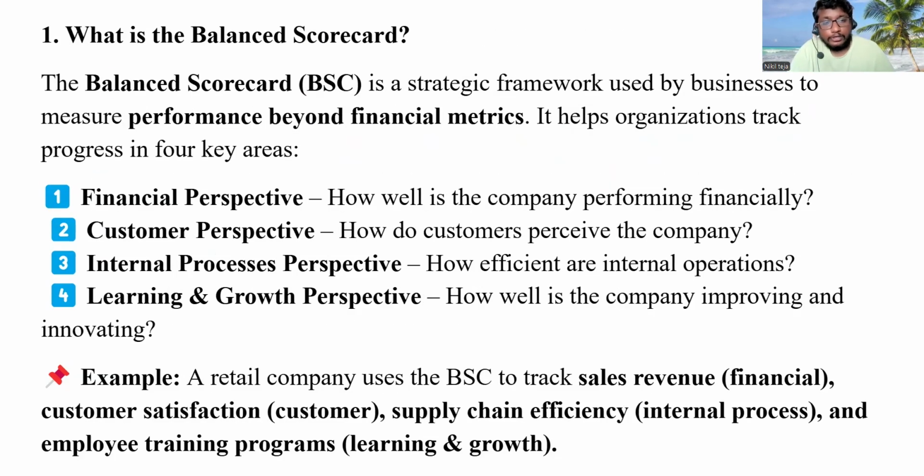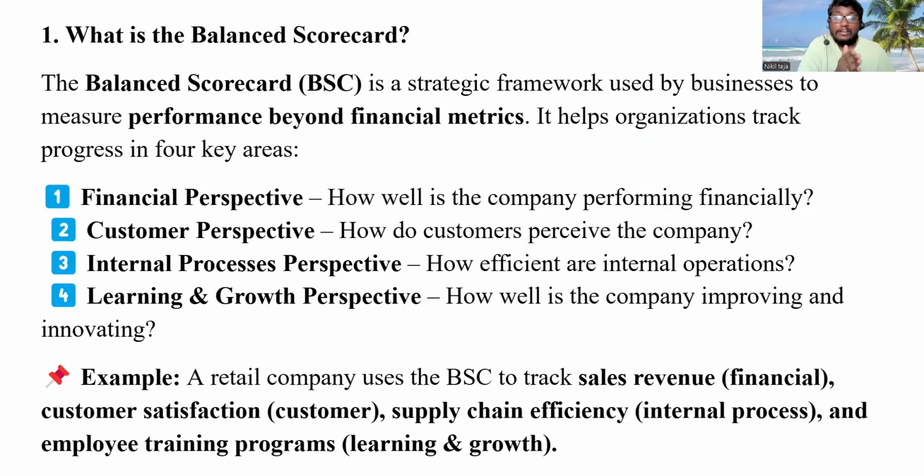Let's take an example. A retail company uses the BSC, also called the balanced scorecard, to track financial performance, customer performance, internal performance, as well as learning and growth. For financial performance, they use key performance indicators or metrics like sales revenue and profit margins.